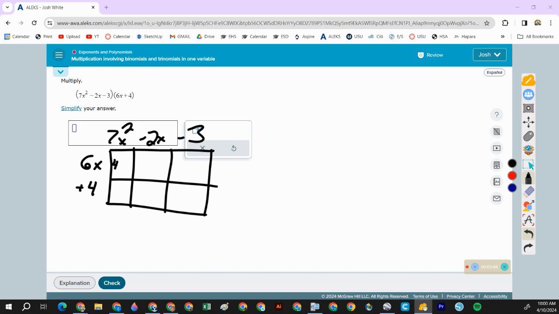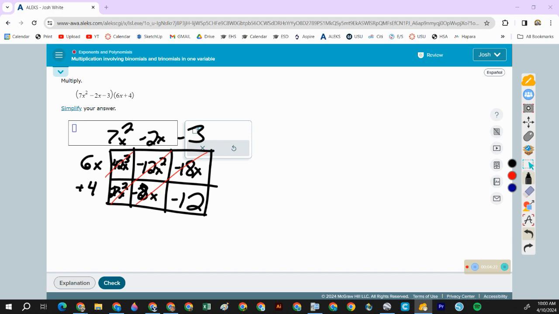So this would be 42x to the third. And the next one would be negative 12x squared and negative 18x. And then the second row, 28x squared minus 8x minus 12. And the cool thing about multiplying this way is the diagonals will have common terms.